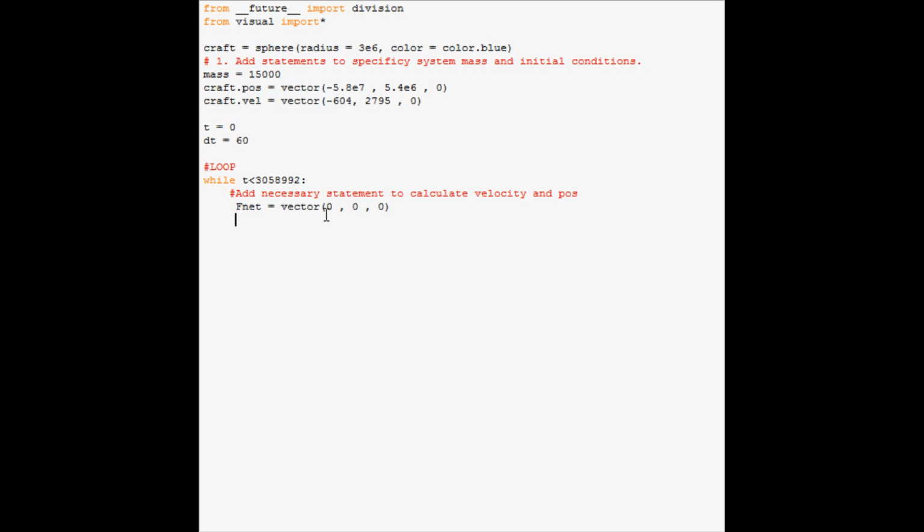Now the next thing you have to do is use the momentum principle. Remember, delta P equals Fnet times delta t. In this case, we have to write it in terms of velocity, so we divide by mass.